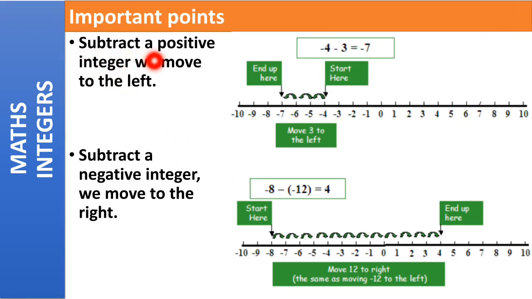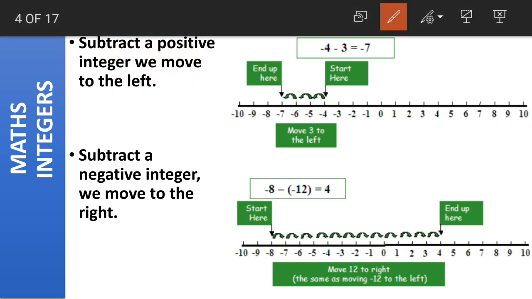Now comes the subtraction part. Subtract a positive integer, we move to the left. Here we took a negative integer, which is minus 4, and then we are subtracting 3 from it, which is a positive integer. This is not a negative integer here. Why?